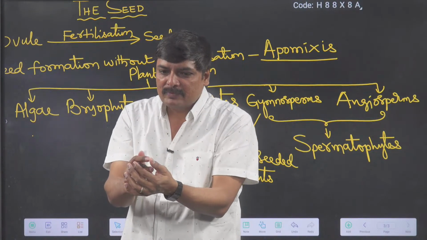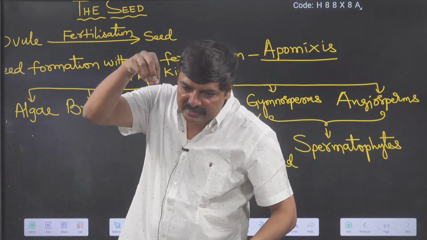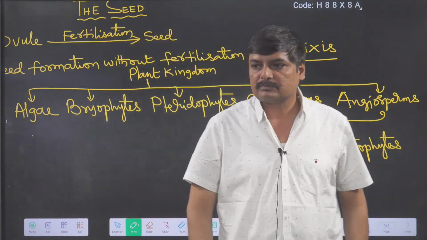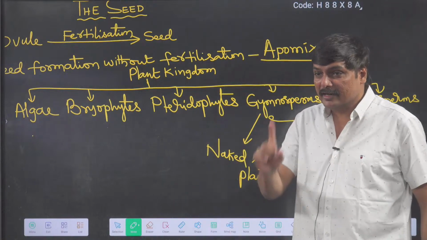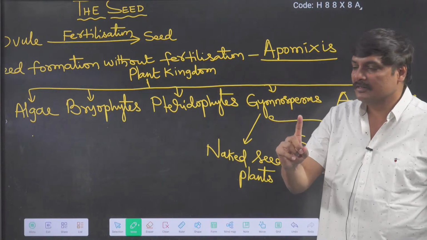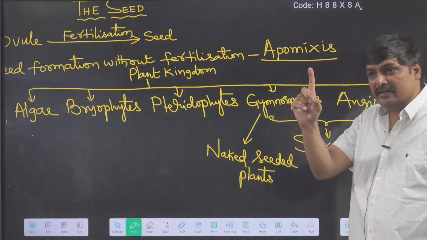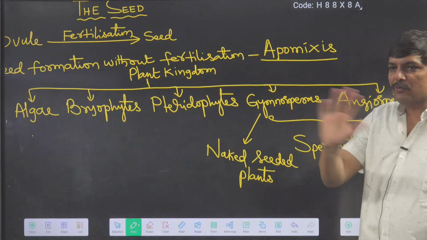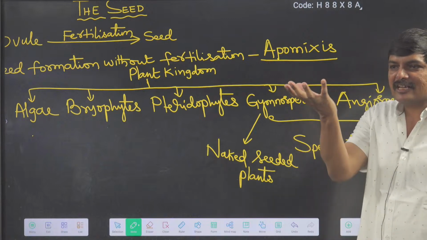That means seeds are present inside the fruit in case of angiosperms. That is the basic difference. Gymnosperms contain seeds, but no fruits, no fruit wall, and hence the seeds are exposed to outside.